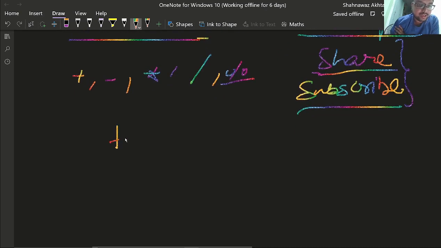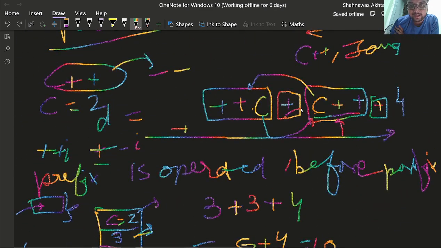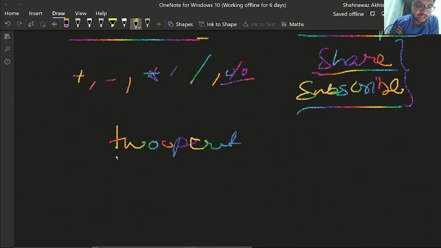When there are two operands, it is known as binary. Unary operators operate on a single operand, and although they change its memory, they operate within a single one. Here there are two operands, so it is known as a binary operator.